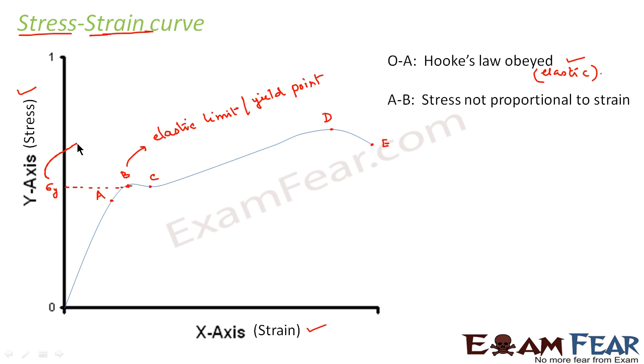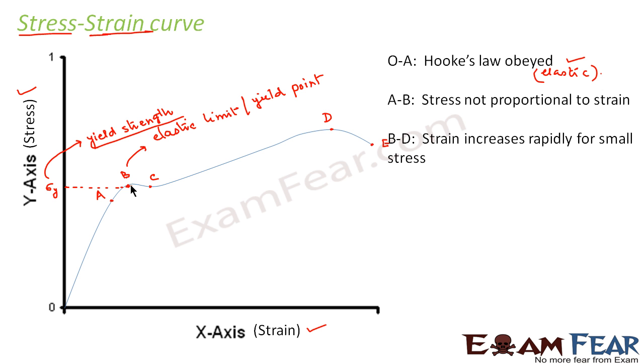This sigma y is known as yield strength. That means the value of stress corresponding to the elastic limit is known as yield strength. That means this is the maximum value of stress till which the substance is elastic. Okay. Now let us move to the next part.